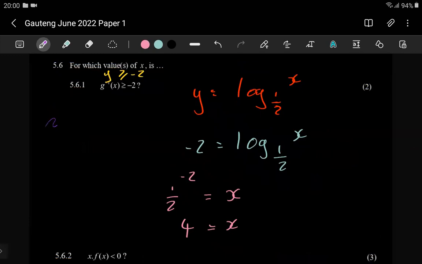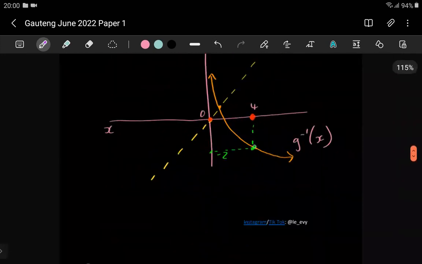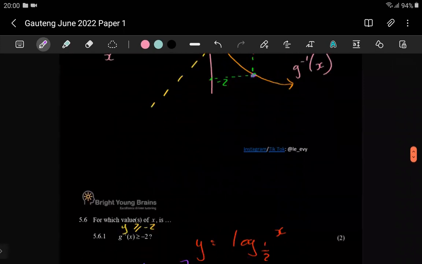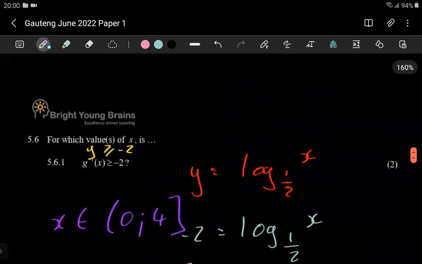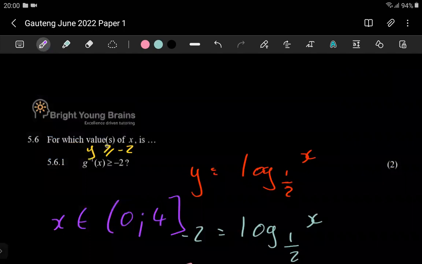So here we can say x is an element of 0 until 4. Here we have to put a square bracket at 4, because specifically at 4, the graph is equal to -2, which is what this question also says. You see, the question wants us to get where is it above -2, or where is it equal to -2?